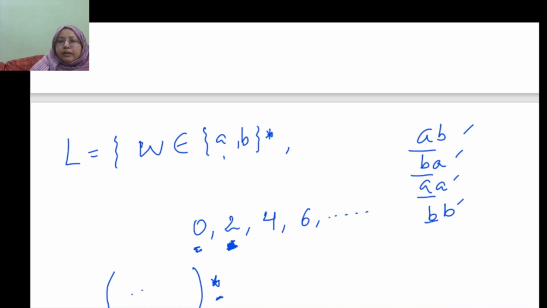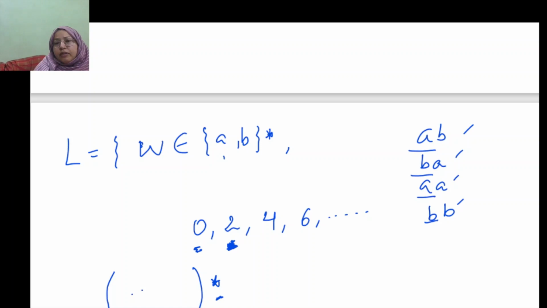Okay, so we can write this as ab union ba union aa union bb, and we are saying that it is star. It is better to write plus in place of union.